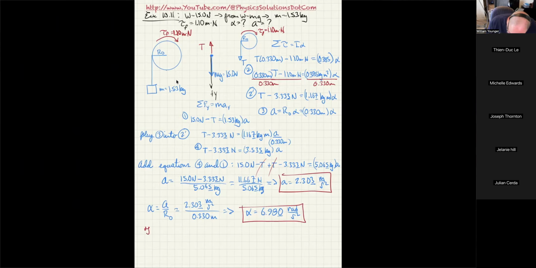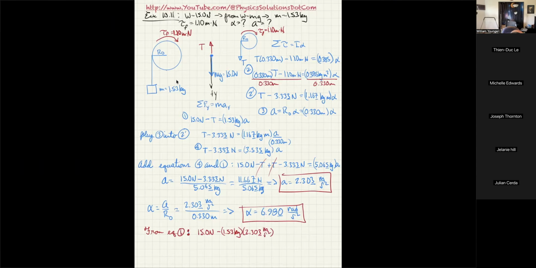So from equation one, I get 15.0 newtons minus 1.53 kilograms times A, but we just figured out A was 2.303 meters per second squared.